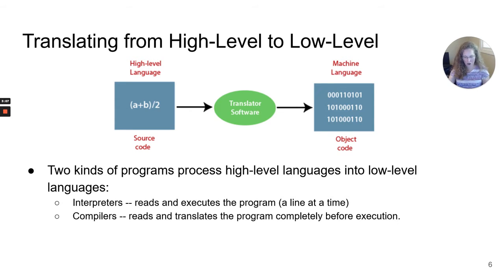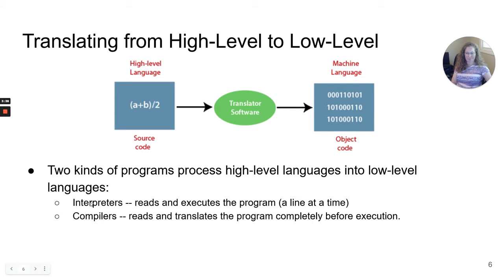They changed all of the Latin into English, and then gave you the translated version. That translation process is not on the fly. It's not somebody reading a sentence in Latin and then telling you what it is in English. They did the whole thing at once. And that's the difference between interpreters and compilers.